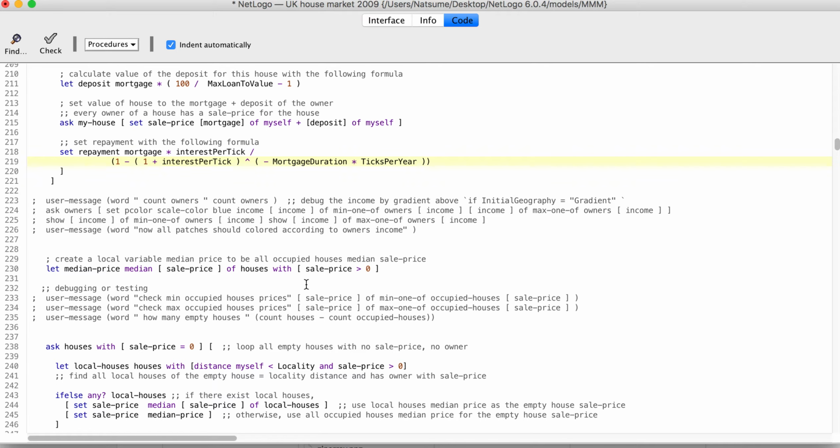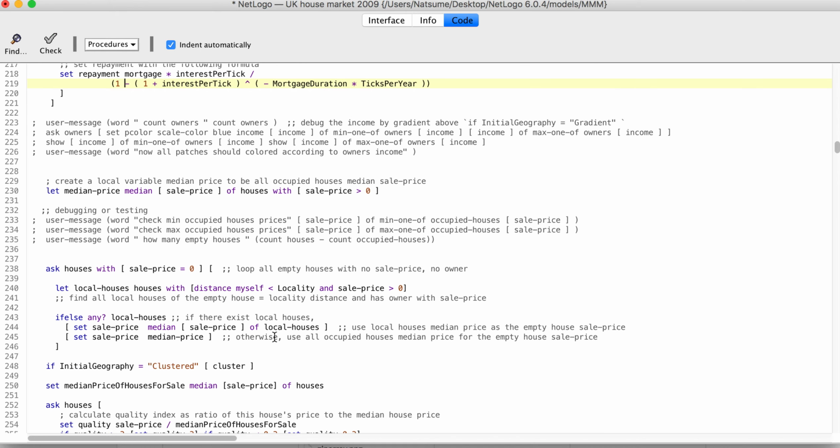As long as they have a sale price, which means they have owners, they have a price in their hearts to sell the house someday. So ask all those houses, get their sale price, and get their median value. Use this median value to be the median price. So this median price is for all the occupied houses.